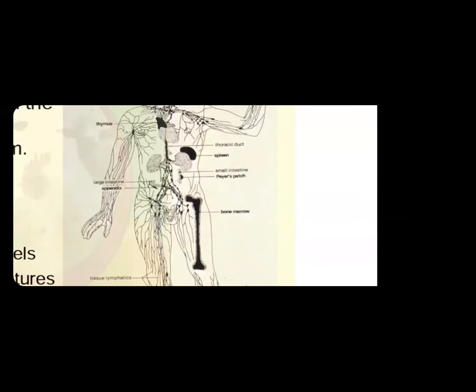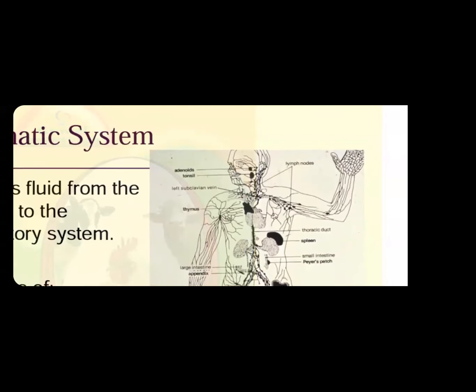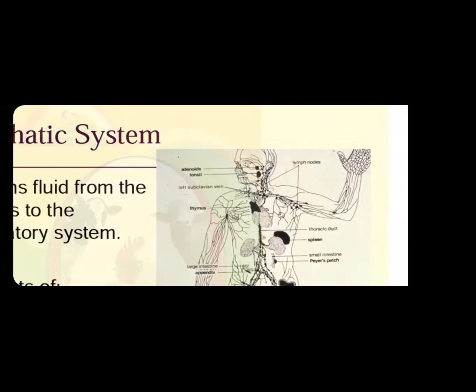As you can see here, we've labeled different locations of different lymph nodes. You've got lymph nodes in the head, which are known as adenoids, and your tonsils, of course. All those are part of the lymphatic system. Especially in children, there's a very common reaction of the tonsils, and they tend to enlarge, and usually they're taken out.